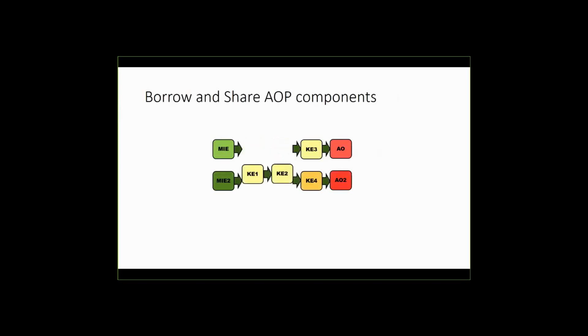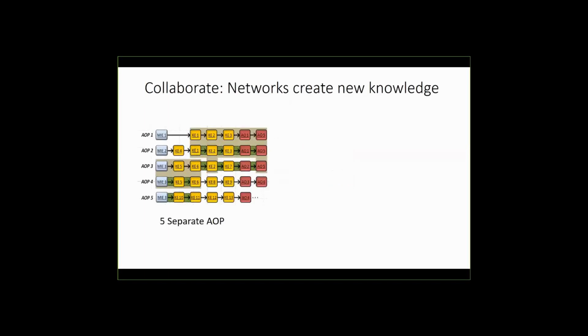Well, you can simply just borrow those key events and make them part of your AOP. And this is where the AOP networks really start to form. When you start borrowing and sharing key events and key event relationships, this is when you really start to generate new and novel and useful knowledge.